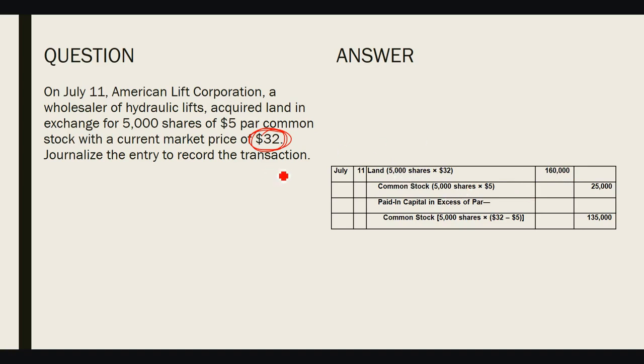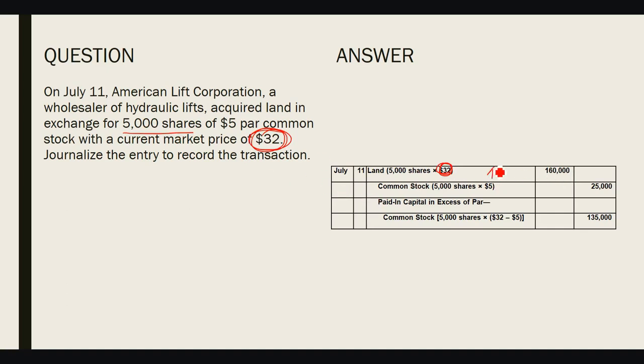All right, so here they did not give us an appraised value for the land, so the land will naturally assume the current market price per share for its value. So the land, they're issuing out 5,000 shares, and so the land will take on the market price per share, and they gave us that. So it's 160,000.